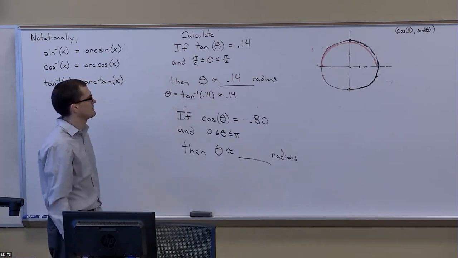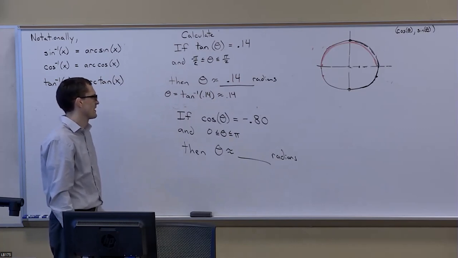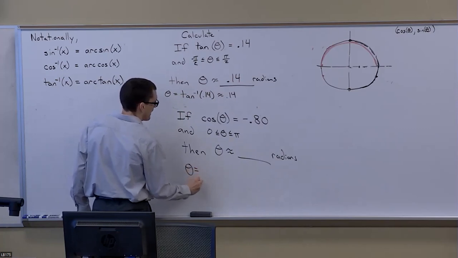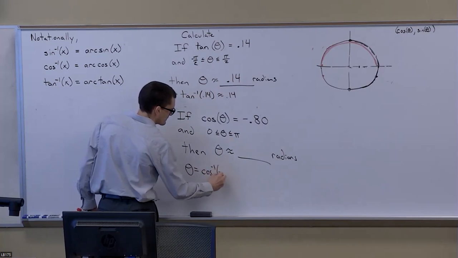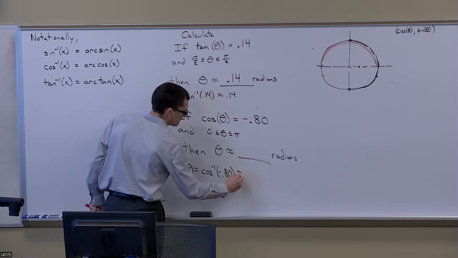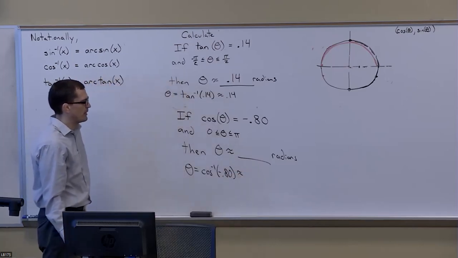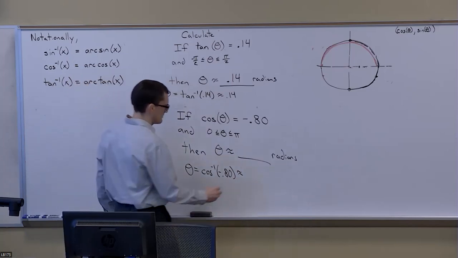That's weird that happened twice in a row. If I try to find my inverse cosine of negative 0.80, I get about 2.5.